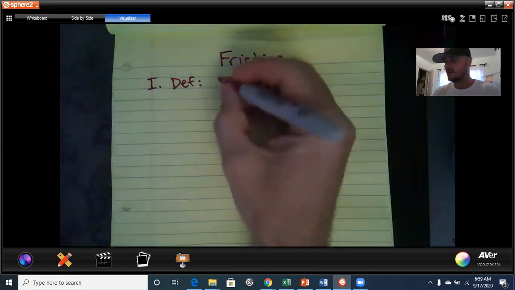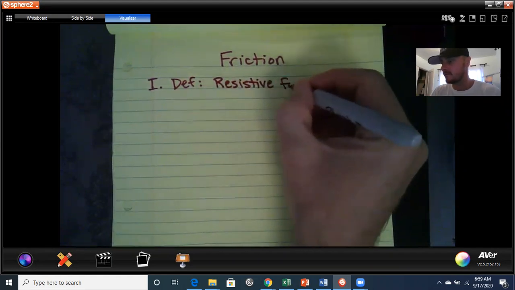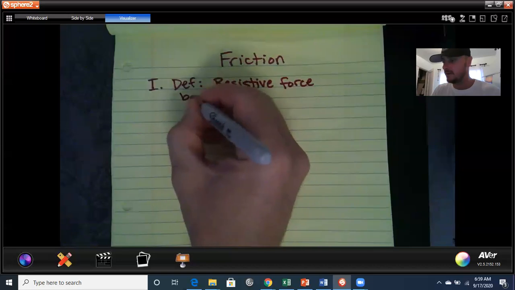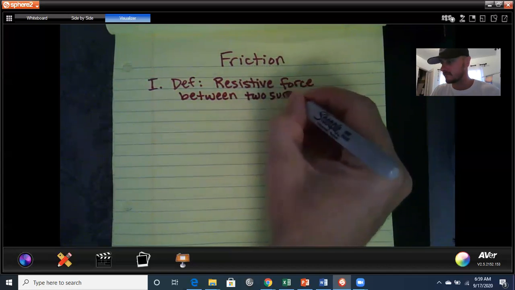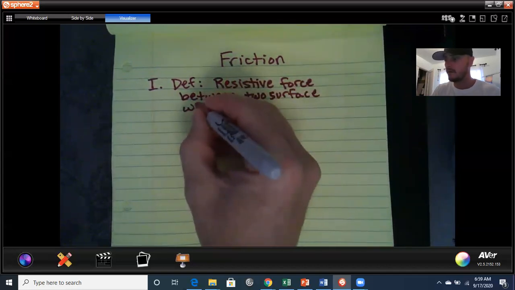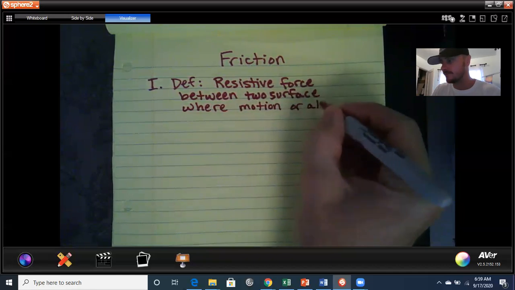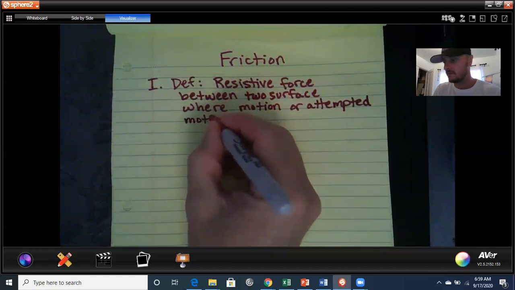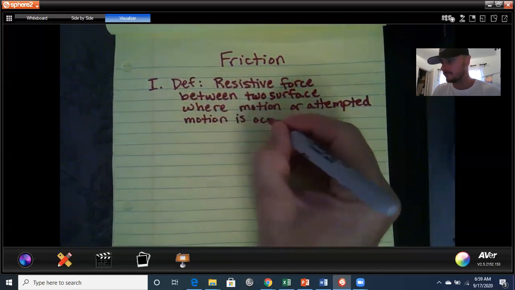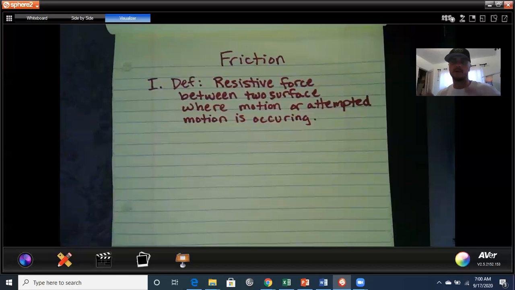But I will say this, it is a resistive force between two surfaces where motion or attempted motion is occurring. And that general definition should cover the two types we're going to talk about today.